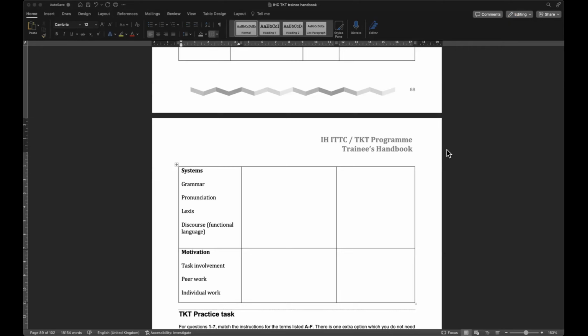In grammar, pronunciation, lexis, discourse, functional language, it could be an exam about grammar. In writing and in speaking, I put some text, so they can make a test or they can read a test.